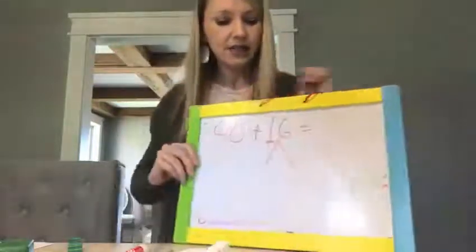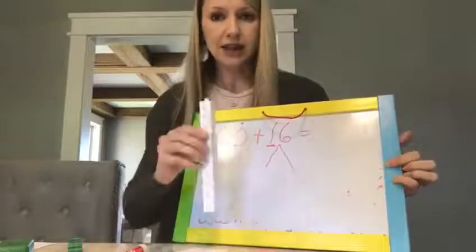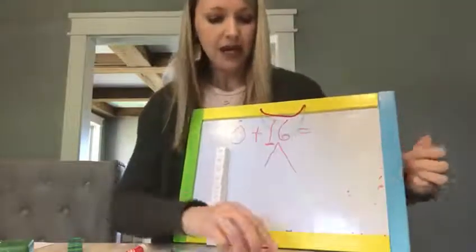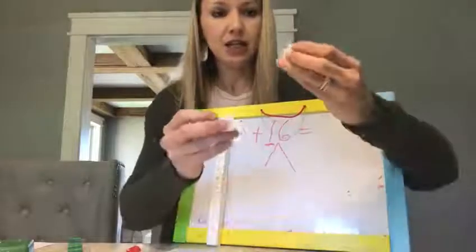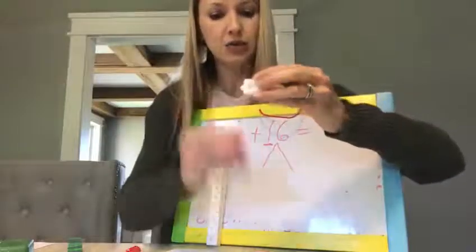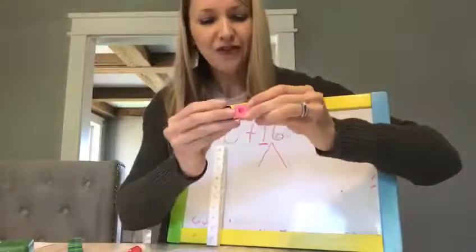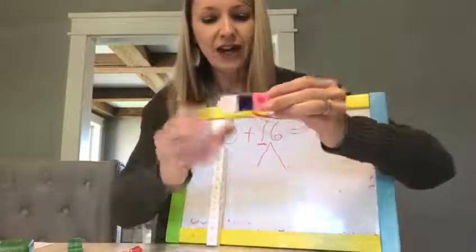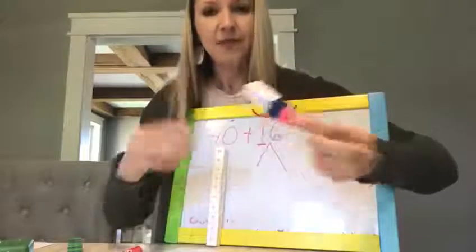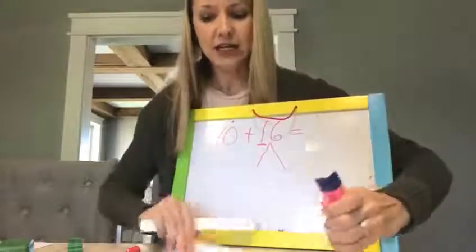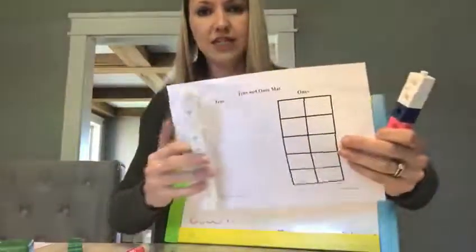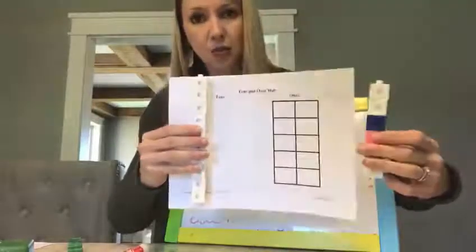So let's see if that was my ones. So I have 10, and then I'm going to put them together. So 1, 2, 3, oh, it won't go, 4, 5, 6. So I have 10, one group of 10, and I have 6 ones.